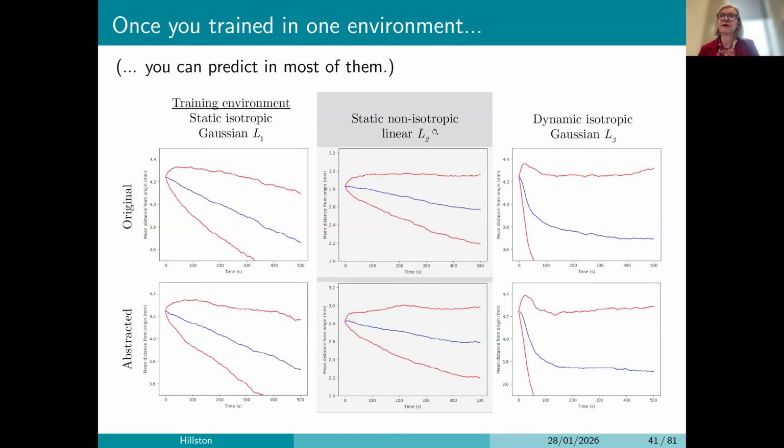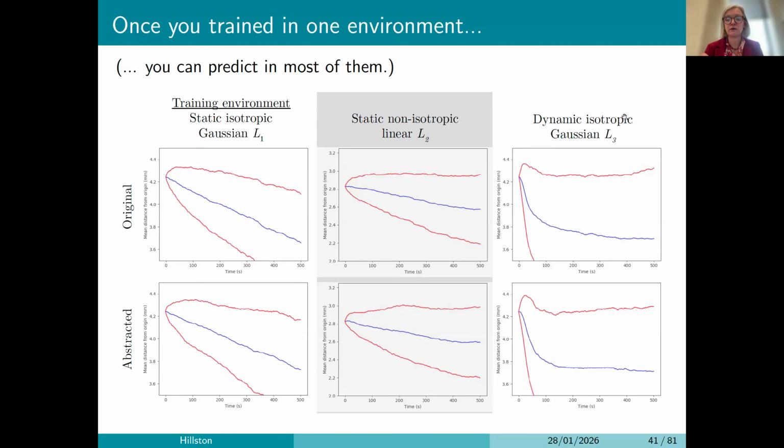And then we embedded this reduced model into different environments. So this one is non-isotropic. The concentration of the attractive chemical is not following a Gaussian distribution. It's a sort of bespoke system. But again, you can see the original and the abstracted stay quite close together.